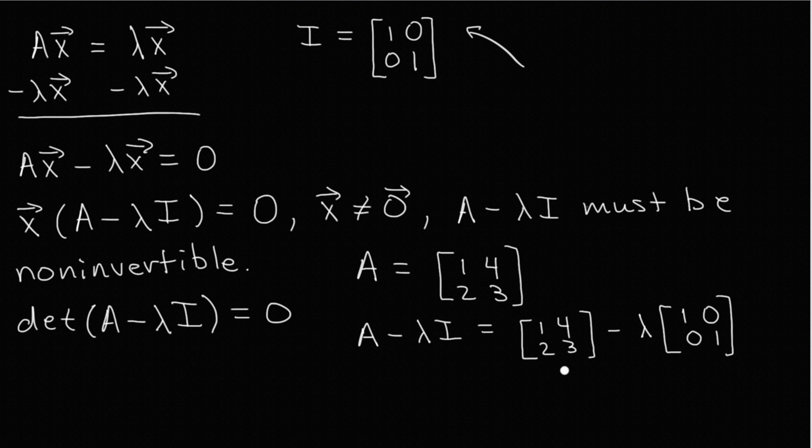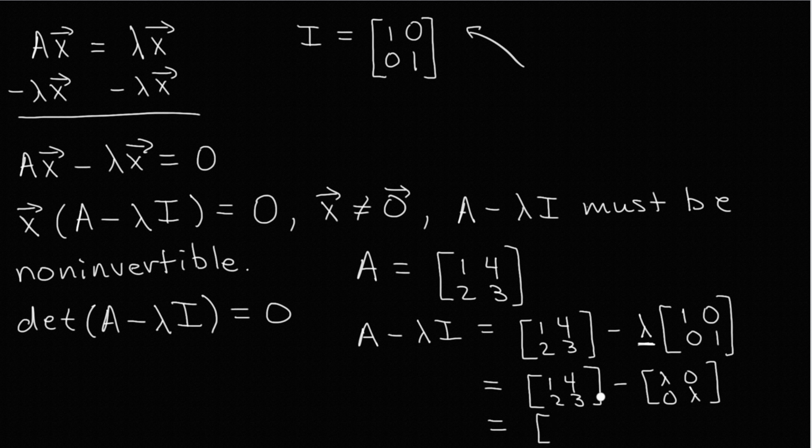And we're going to multiply every number in the identity matrix by this lambda right here. So if we do that, we're going to get lambda, 0, and 0, lambda. And that's going to give us a new matrix.